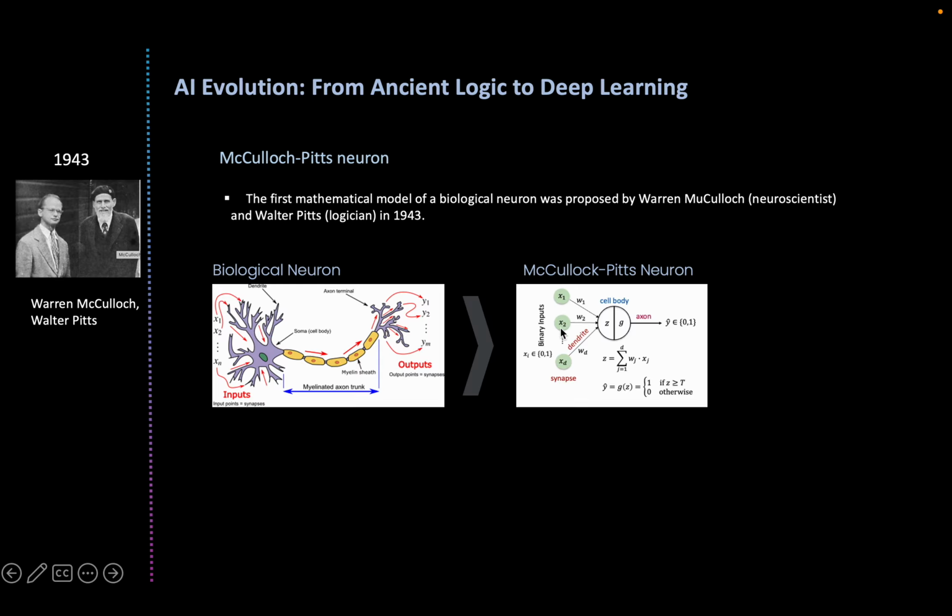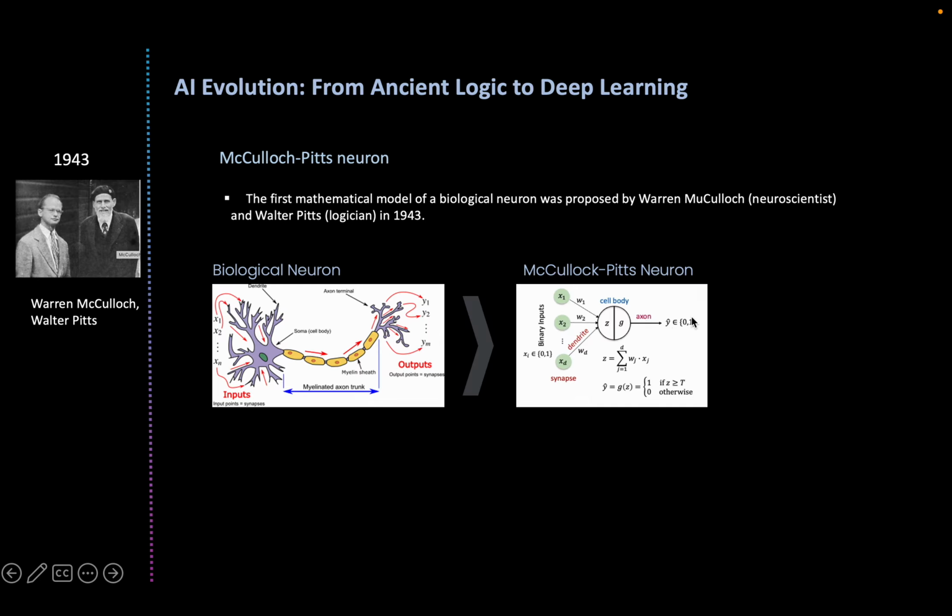Here it is called x1 to xn, and when it receives the information, there is a connection strength, which is summed up with the inputs, and this is the aggregated information Z. And when this aggregated value crosses the threshold value T, then this cell body fires through the axon and outputs an information of 1.